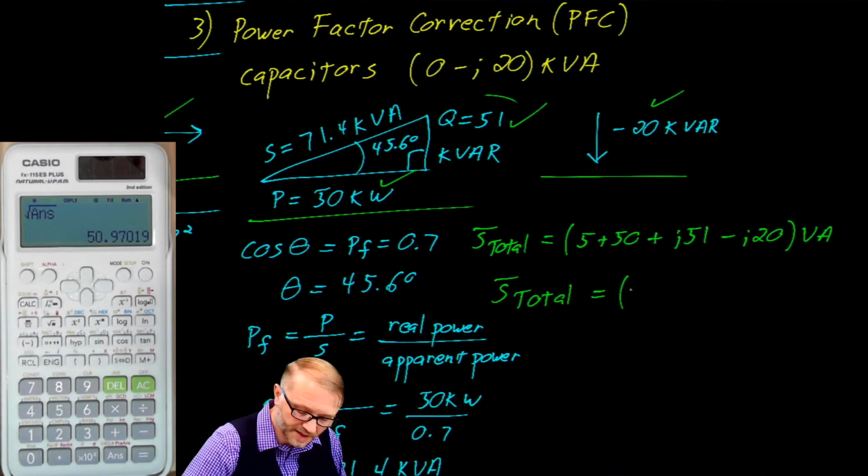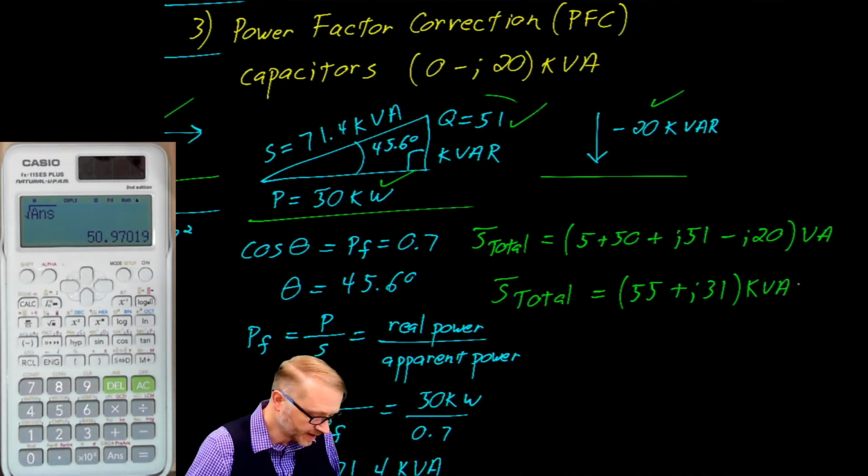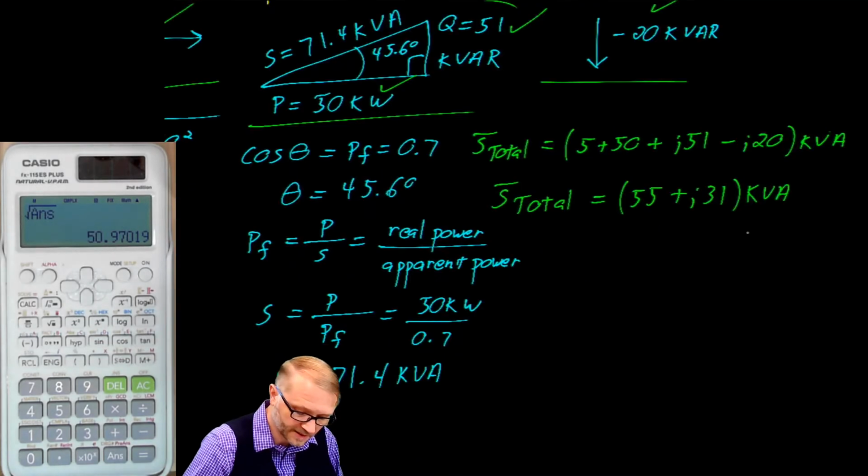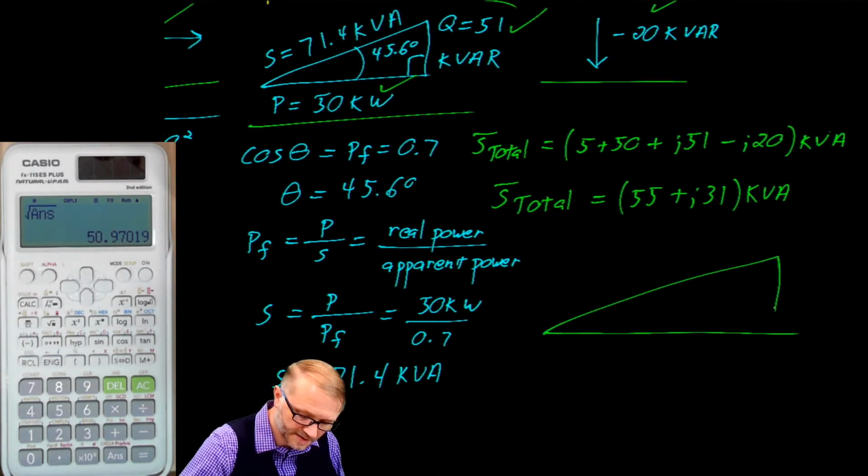When we put this all together, we end up with 55 plus J31 kVA. Looks like we lost that up here. Let's go fix that. kVA.